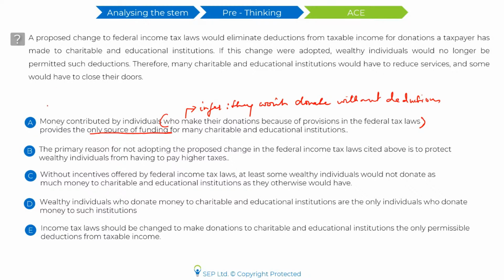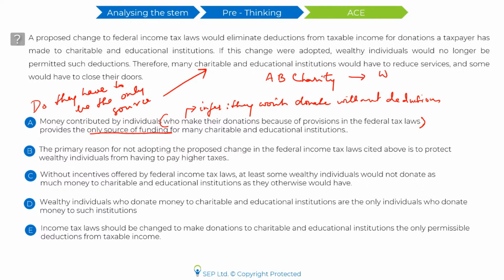Ask yourself, do they have to be the only source for them to close down? Do they have to be the only source, guys? Say for example, let's say I have A, B, C, AB charity, and AB charity is getting money from wealthy individuals.